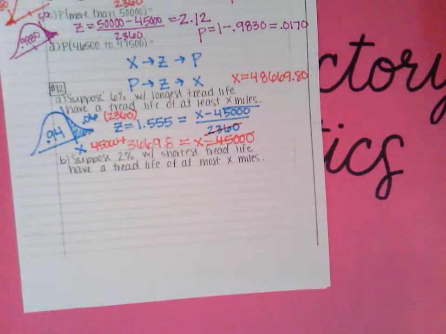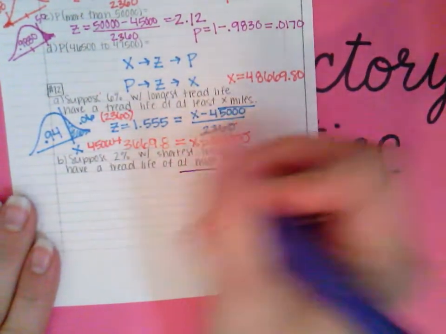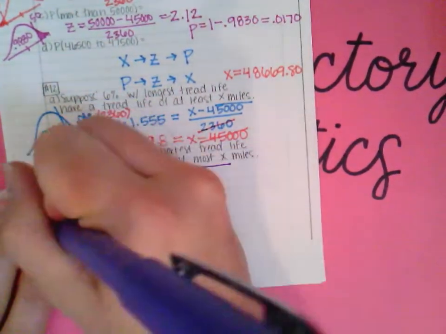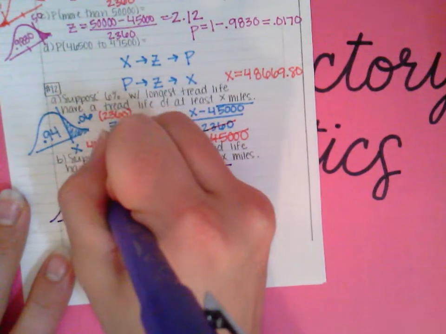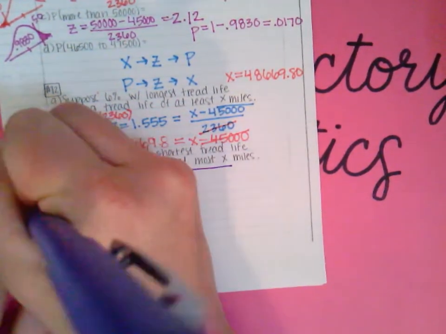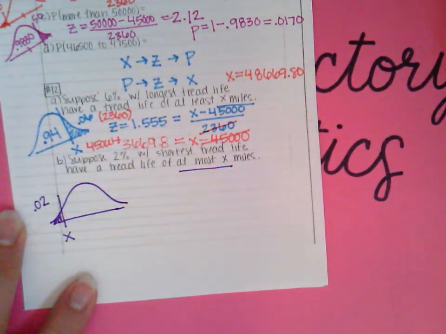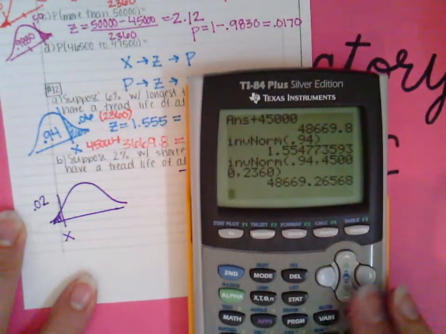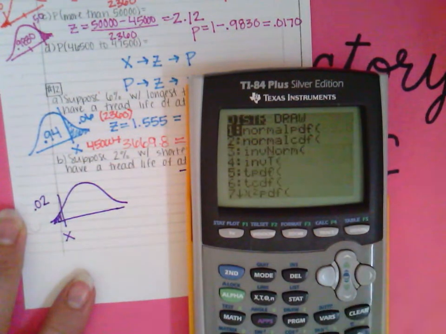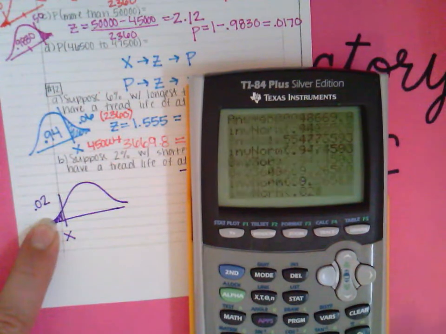Okay, so on part B, suppose the 2% with the shortest tread life would have a tread life of at most x. So now I'm looking at the 2% shortest tread life, and I want to know what that x value is. What's that z-score? Because I want the left-hand side, I'm going to use 2%.